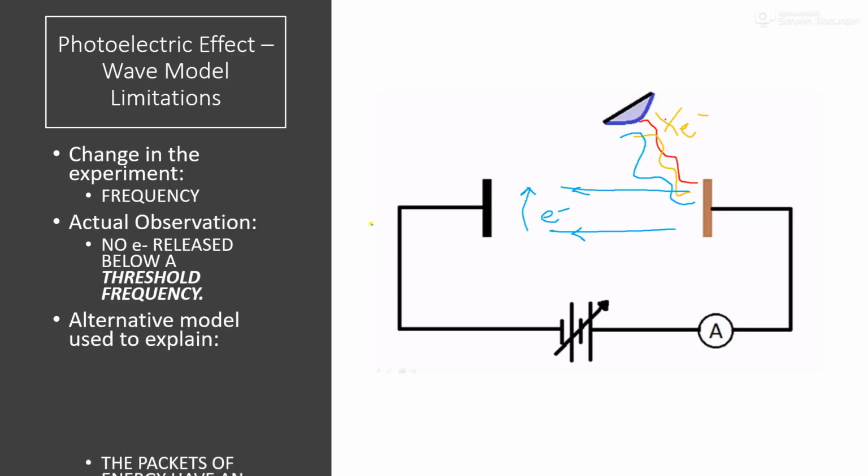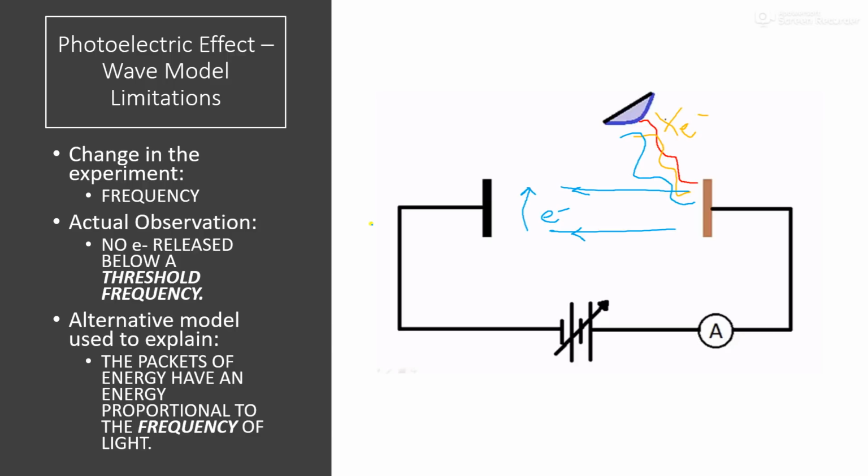So what's the explanation over here? The packets of energy that we talked about previously, all those small wavelets that you see, have an energy which is proportional to the frequency of that light, right? So the two things we've learned is this. Number one, light seems to be captured in discrete packets of energy. And secondly, the more packets of energy I have incident on this emissive plate, the more electrons I have coming out.